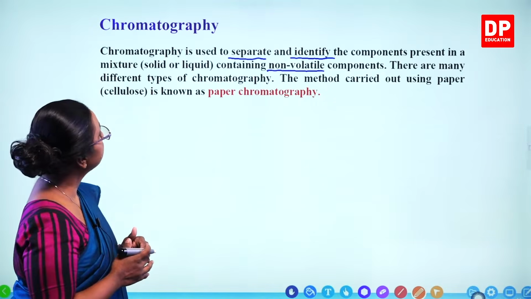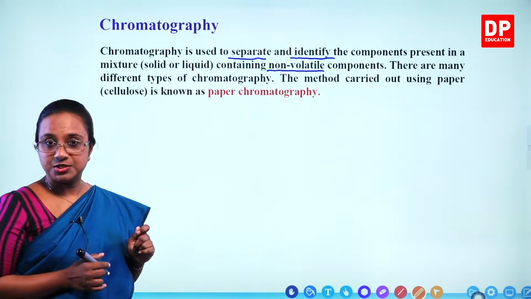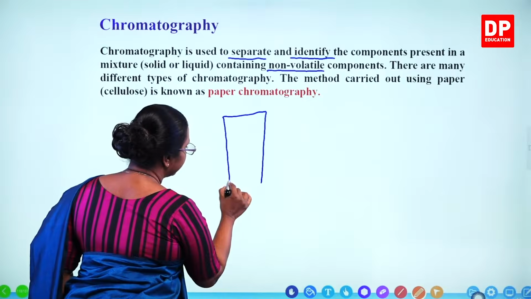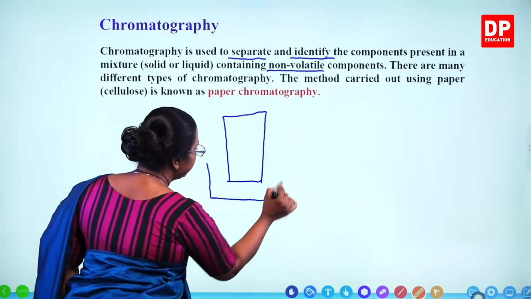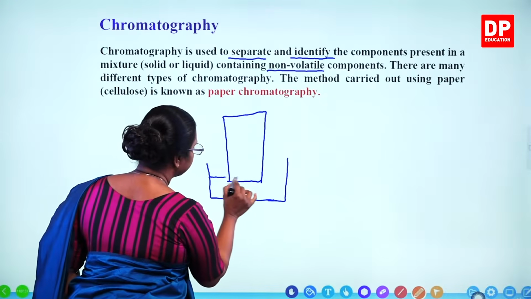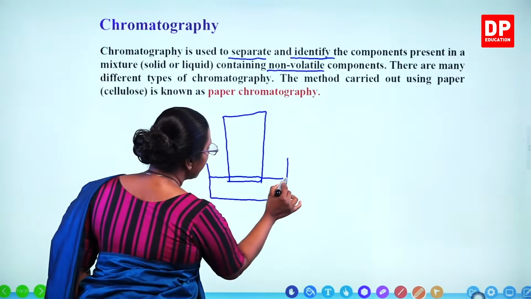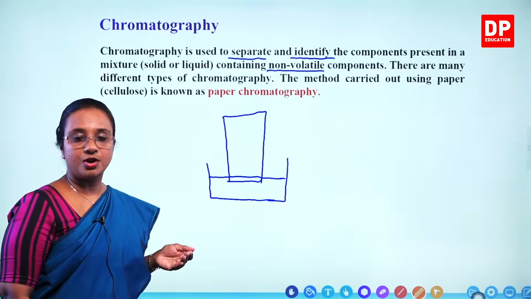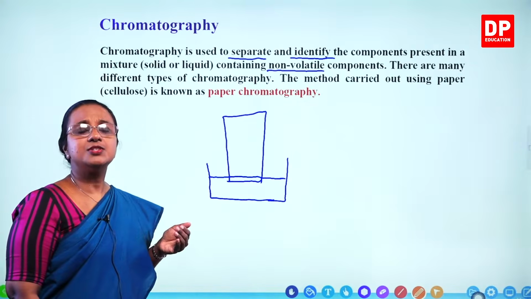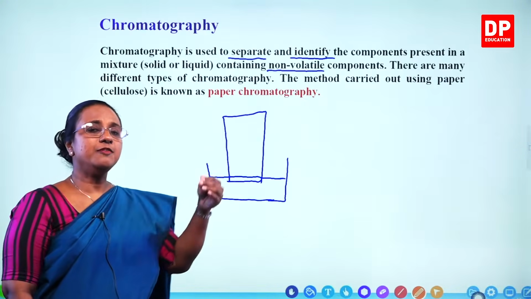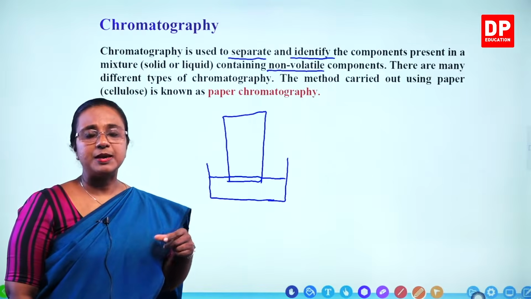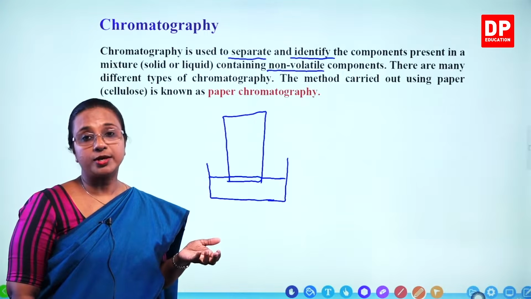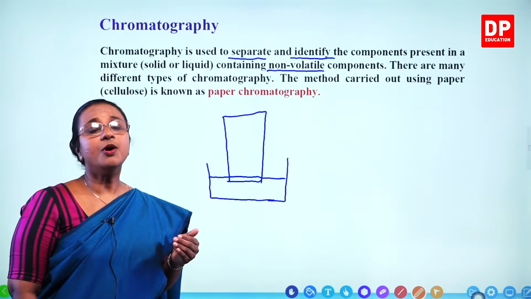So, if we take the example of paper chromatography, if we have a piece of paper that is dipped in a solvent, say only a small part of the paper is in contact with the solvent. You would have seen this observation. Maybe if you dip a strip of paper in a petri dish containing water, what will you observe?